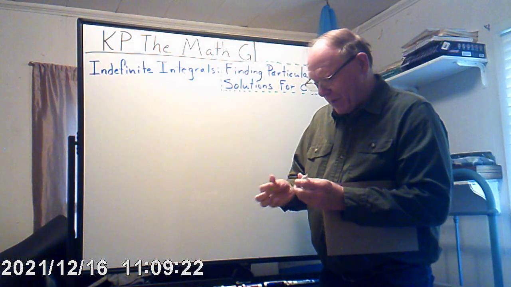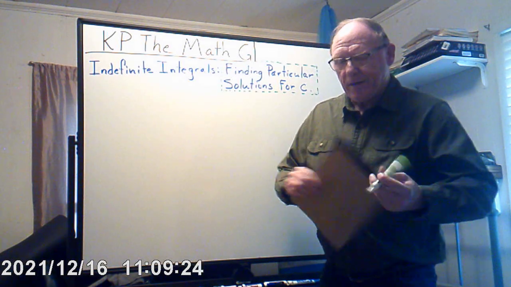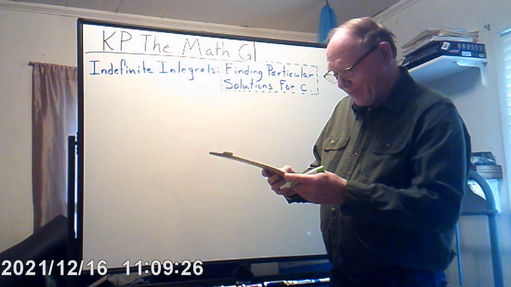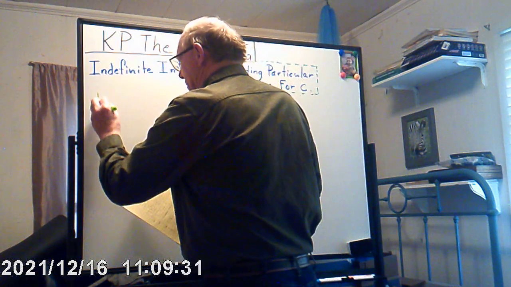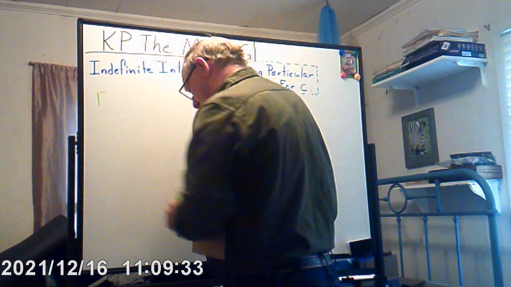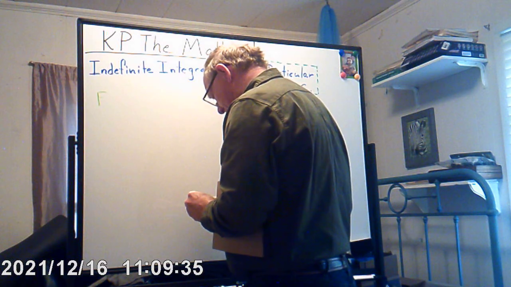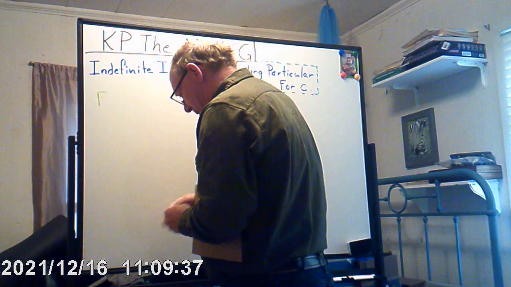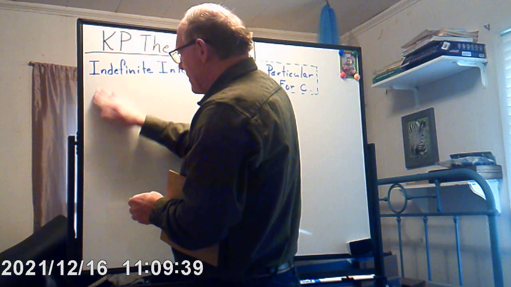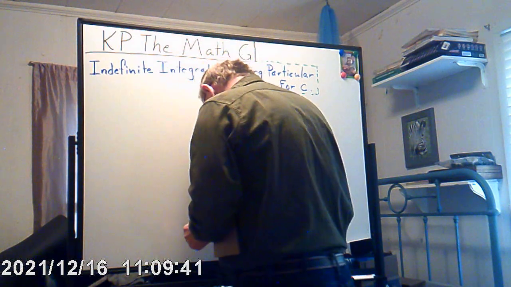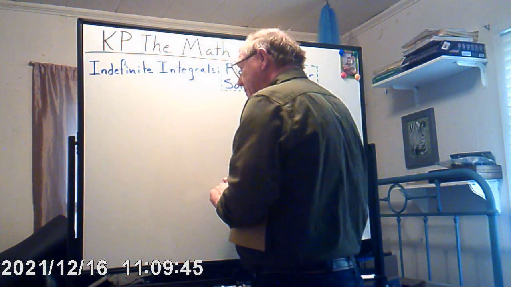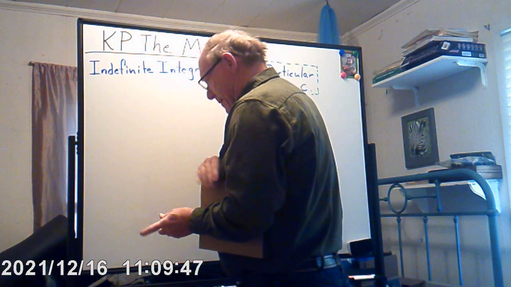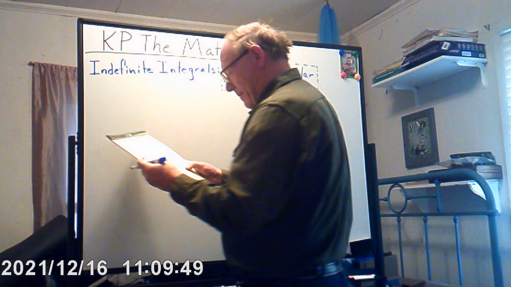We'll write this problem down. I should have had this already written up here. That's a little light, isn't it? Let's get a little darker than that. Maybe we'll get started before too long. Here we go.